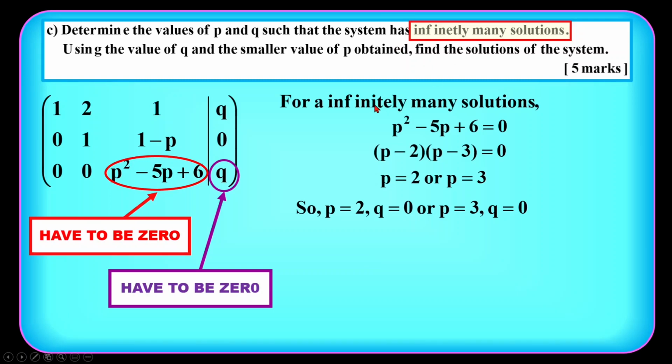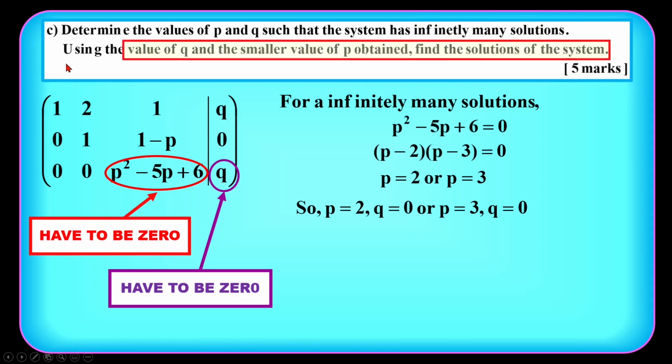But there is a second part in this question. Okay, there's one over here. Using the value of Q and the smaller value of P obtained, find the solution of the system. So in this second part, we have to choose which P and which Q we are going to use to solve the solution.